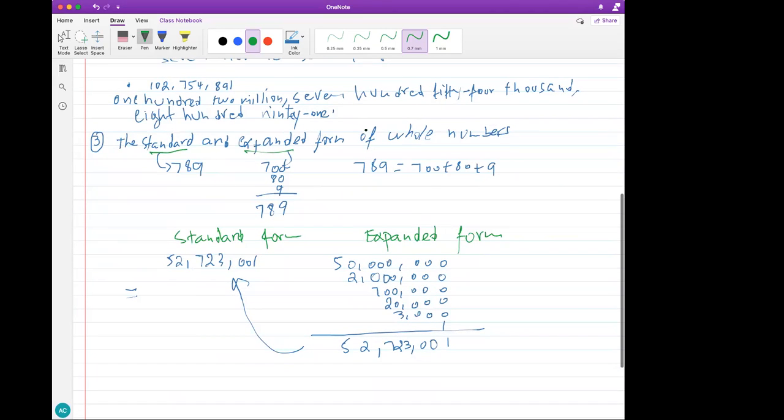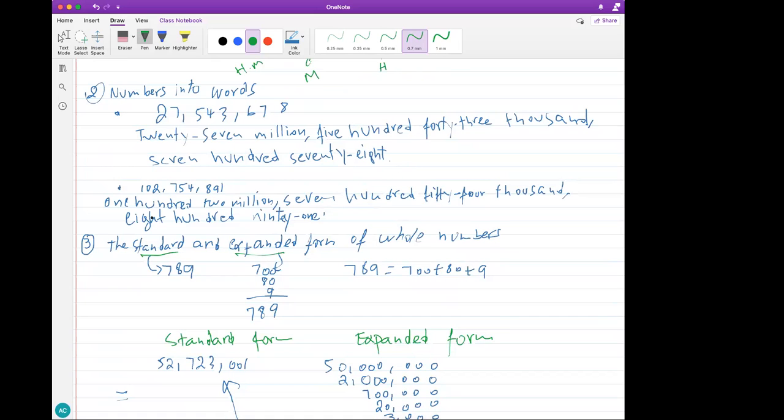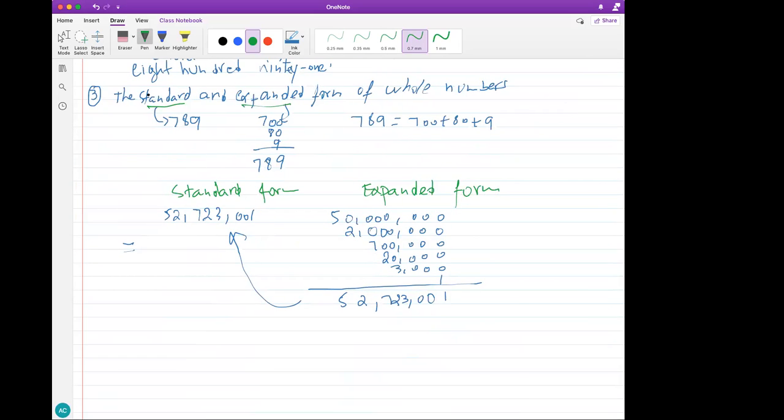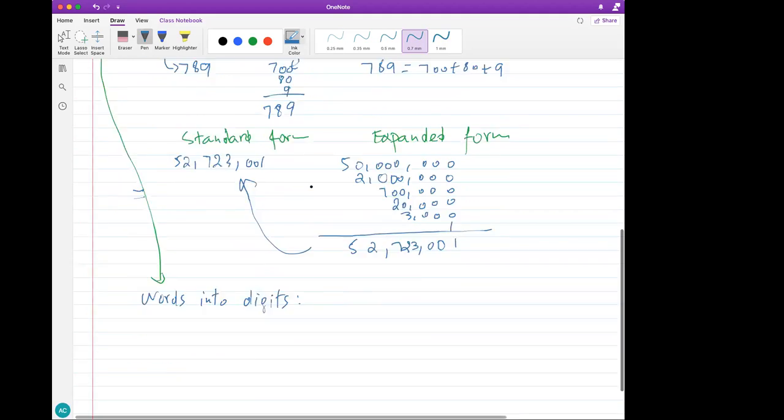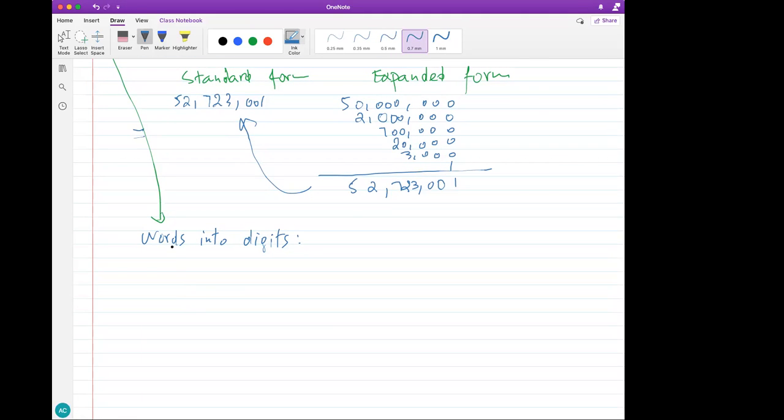We're going to call that words into digits. Let me make up some numbers and I'll let you give me the digital form. I give you the word forms and you give me the digital form.